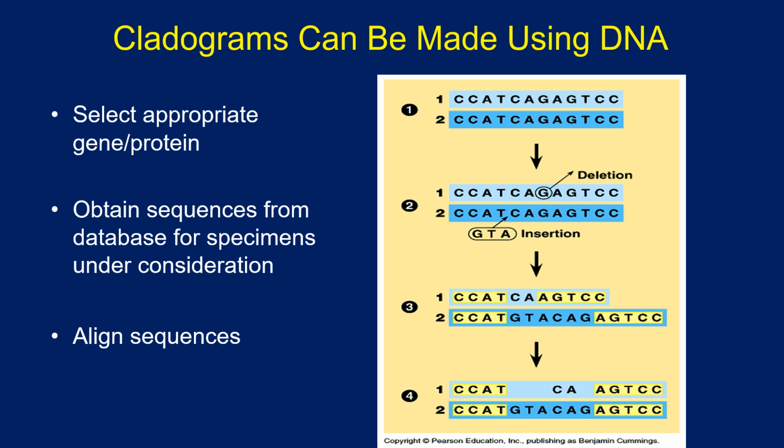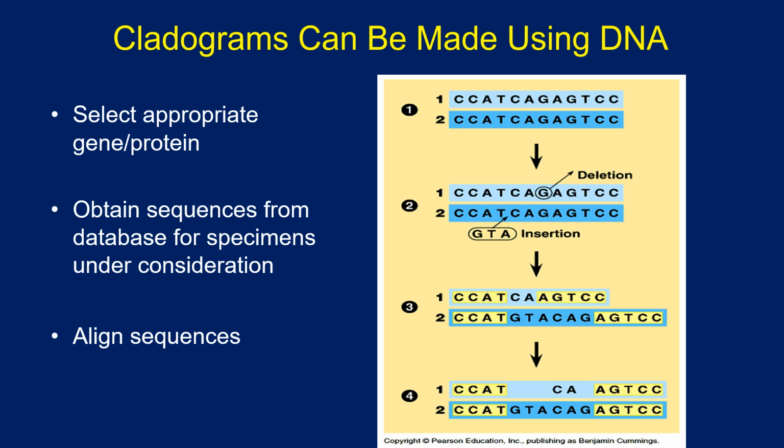But you can run that through a computer and it will look for the matching pieces and then look for the differences. So down the bottom there, number 4, we're comparing these two DNA sequences long after these species have diverged from each other and changed. And we can see there's one gap there where we have GTA, that's a sequence of nucleotides, in number 2, but we don't have that in number 1.